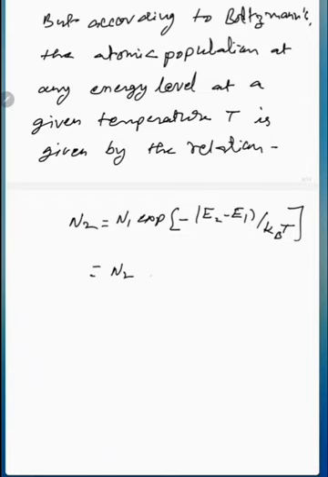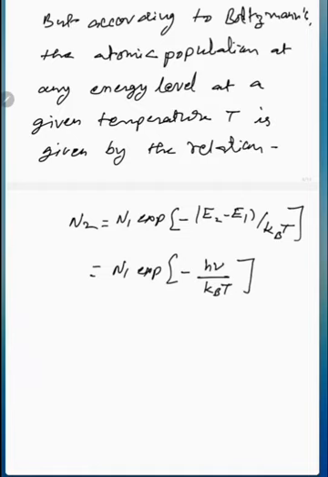And N1 exponential minus E2 minus E1. This is the energy difference between the two energy levels of the atomic system, and it will be equal to h nu.